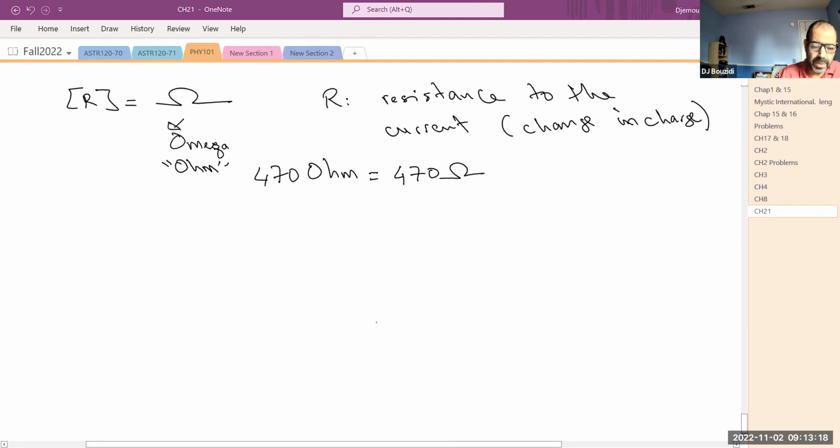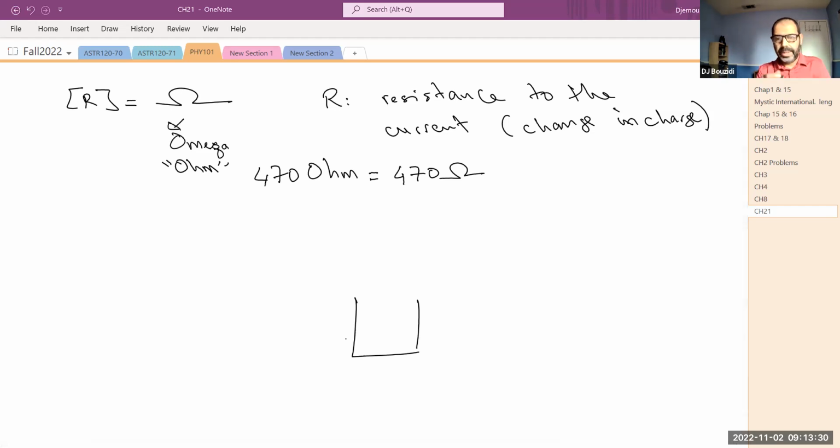If you take the battery, for example, so we have a battery. Here is a battery. If you're careful enough, you should see on one side of it, it says positive. On the other side, it's negative.